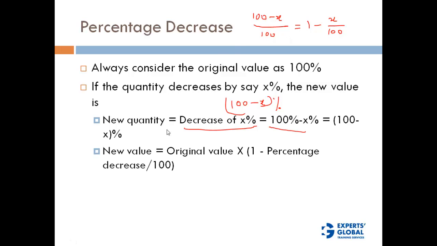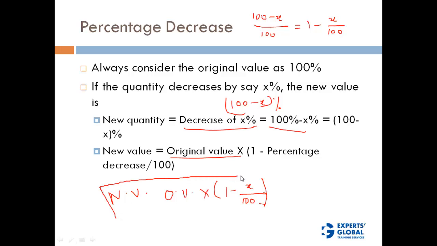So the formula for new value is going to be original value into 1 minus the percentage decrease, that is X, divided by 100. So this becomes the formula for percentage decrease. You will see that it is the same formula. If it is decrease, it is minus. If it is increase, it is plus.